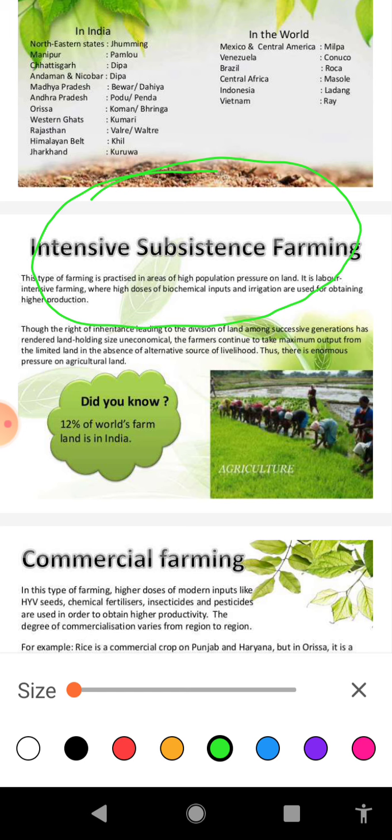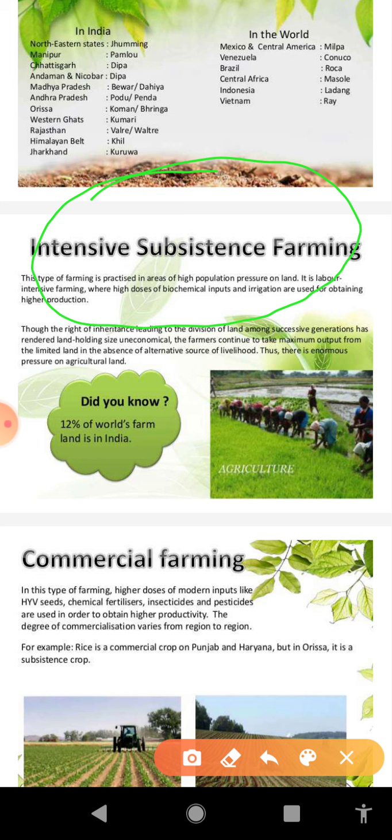So the land holding size has become uneconomical in our country, and due to which the total output that we are getting from the arable land of our country is very small. Though in intensive subsistence type of farming the per hectare yield is high, the total output that we are getting is very less.